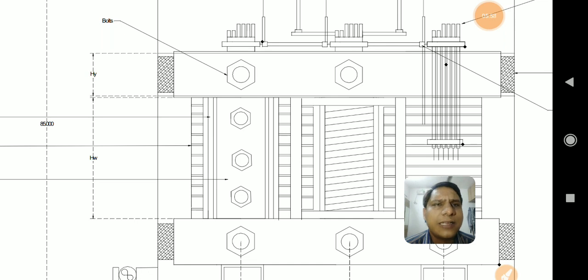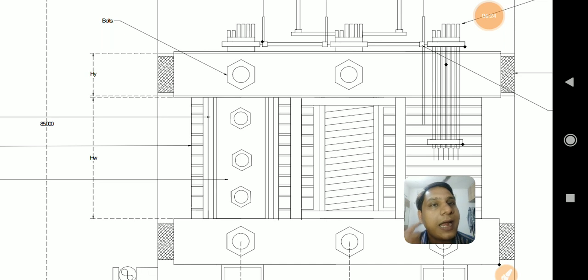The reasons are very simple. First thing, we know that the tappings that are provided are on HV. Tappings are always provided on HV. Then we are going to see in detail why tappings are provided on HV. Other thing, the insulation requirement: when there is a high voltage winding, the insulation requirement of the winding is high. When voltage is high, insulation requirement is high.